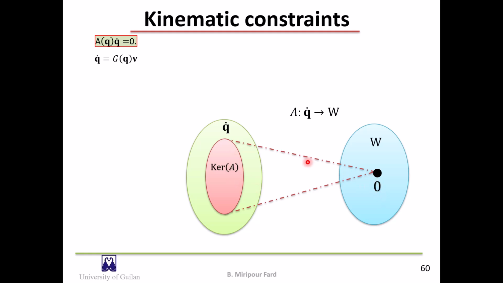So those q dots that are in the kernel of matrix A are the only q dots that can be feasible. As a result, when G is multiplied by V, by the actions, it must produce those feasible q dots to satisfy the constraints. So using the kernel of matrix A, it would be possible to determine G.